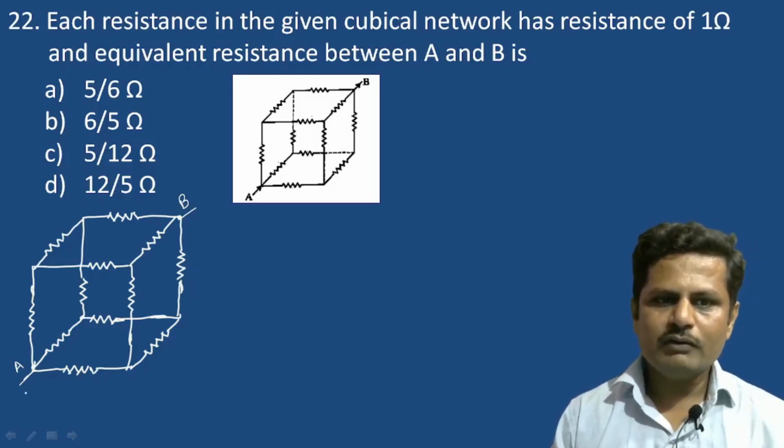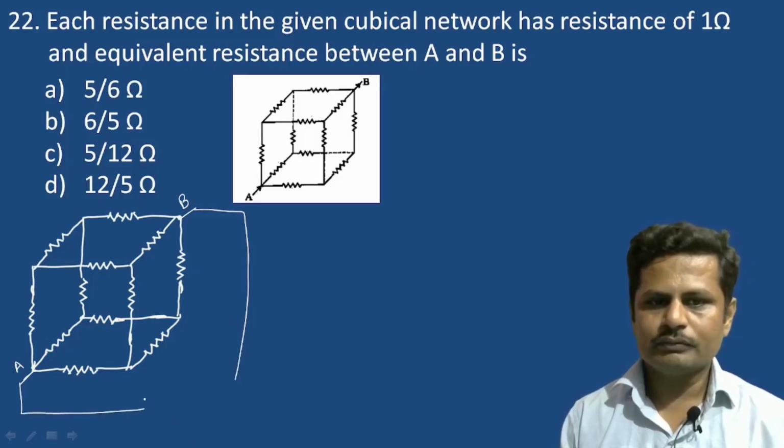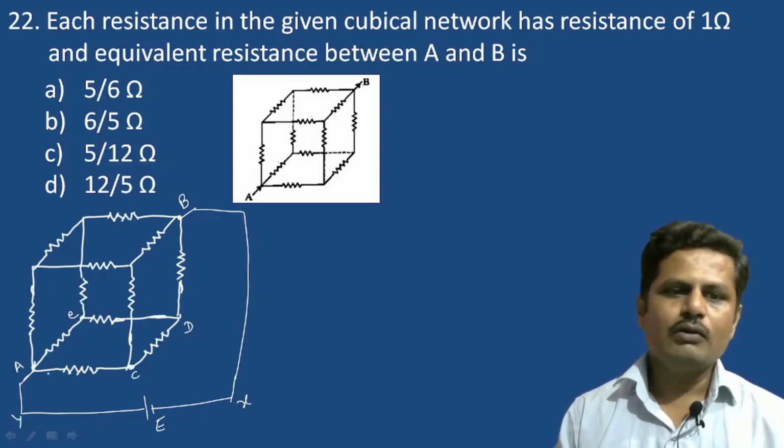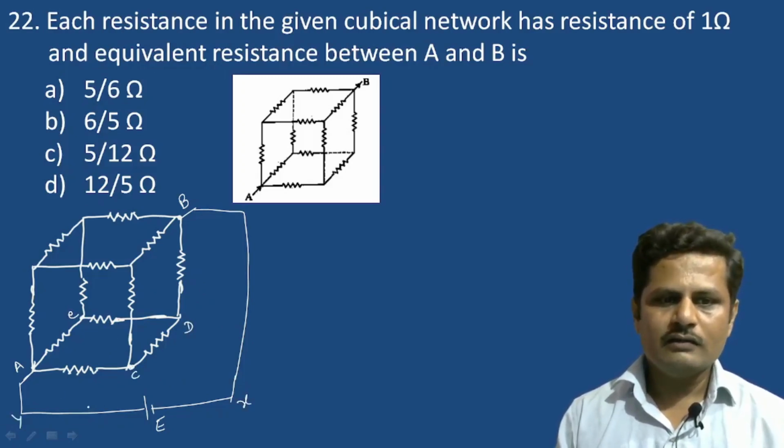To find out the effective resistance, let me connect these 2 points to the external source of EMF E. Let me give the names C, D, E, and here let me write X and Y. Now you can see that consider a current of 3I flowing through this circuit.